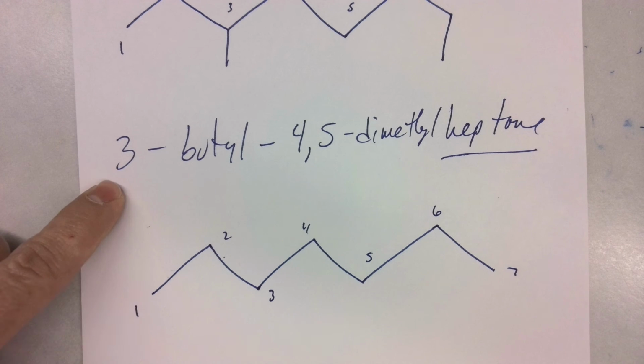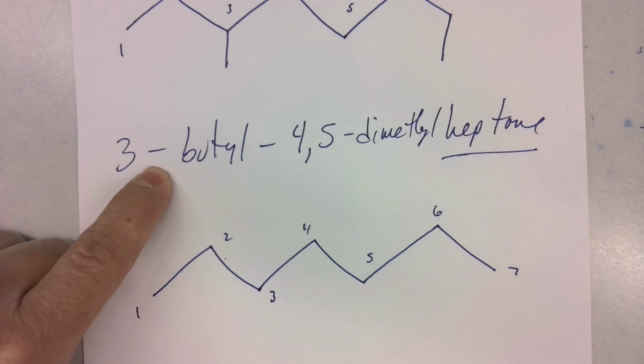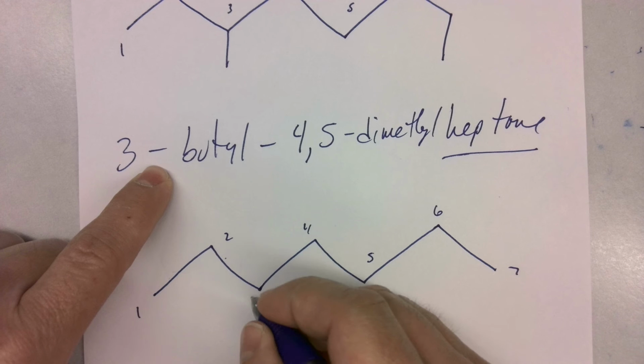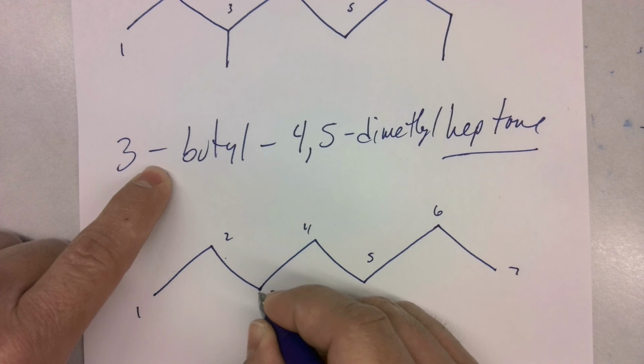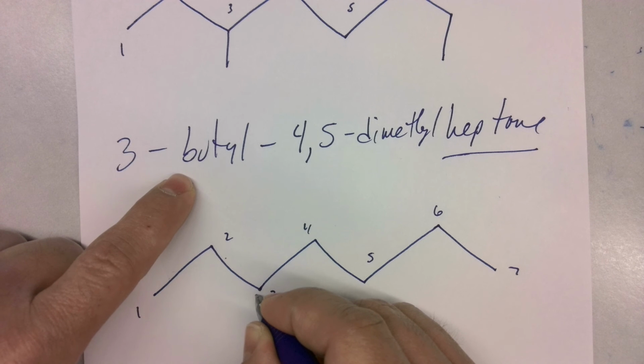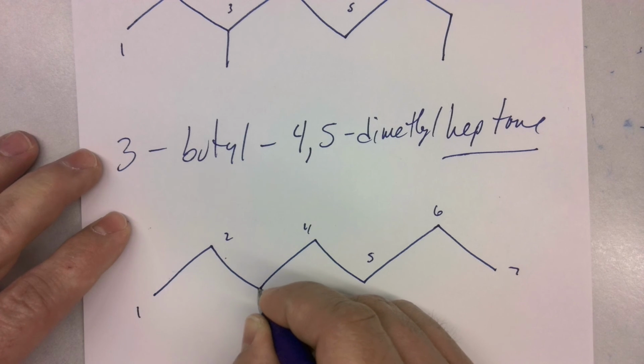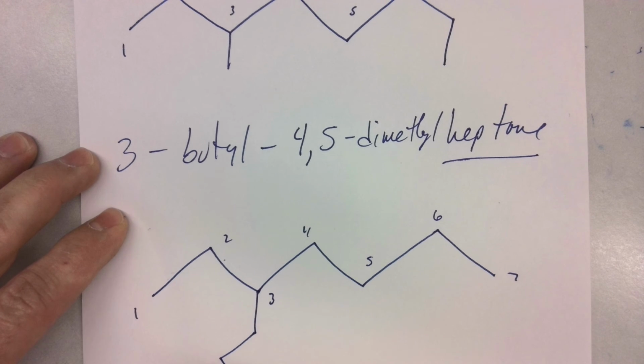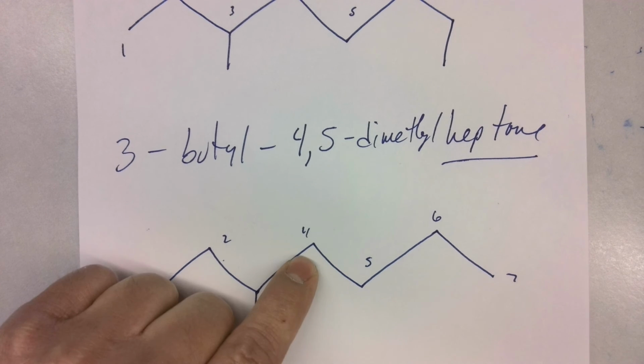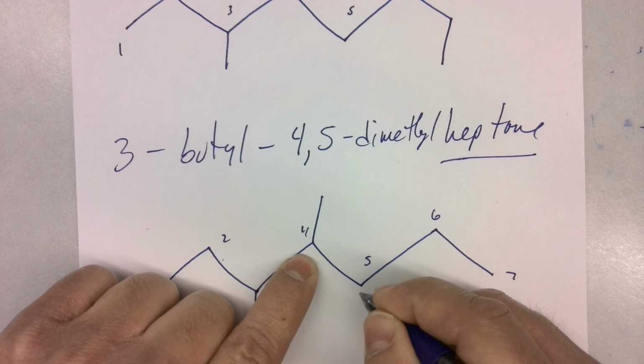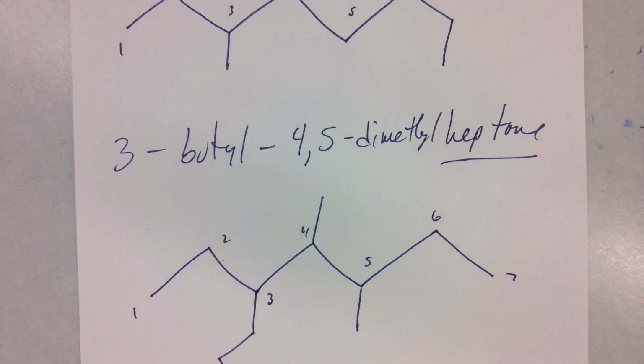Off my 3rd, I'm going to draw a butyl, which means a butyl has what now? How many carbons does butyl have? 4. So I got 1, 2, 3, 4, right? On 4, I've got a methyl. On 5, I've got a methyl, right?